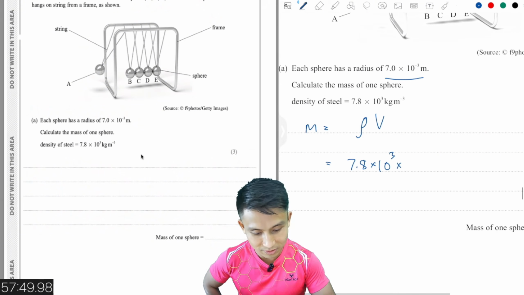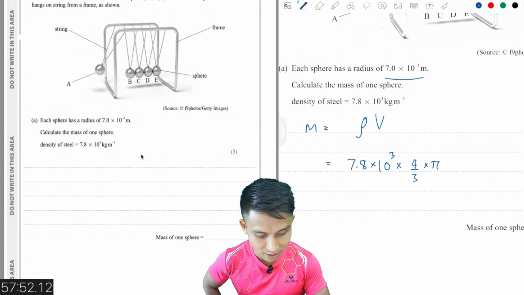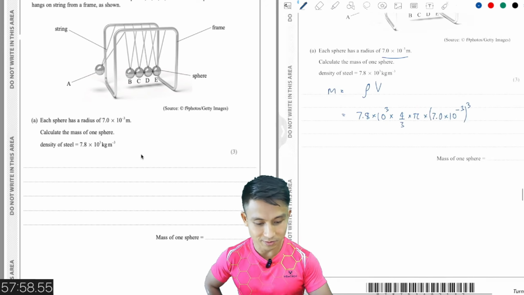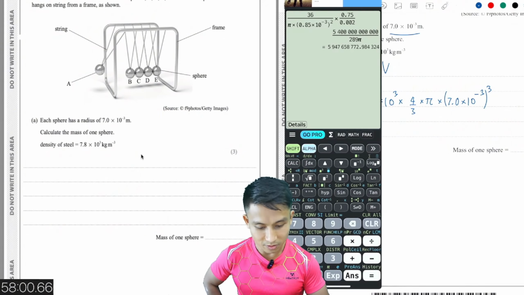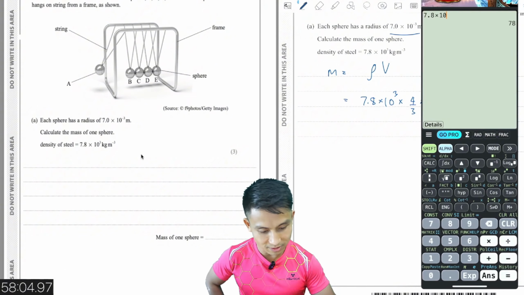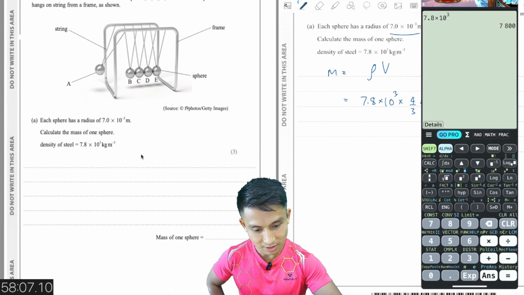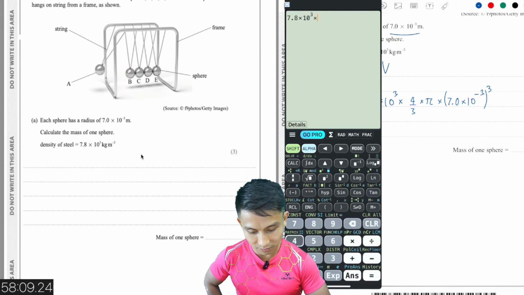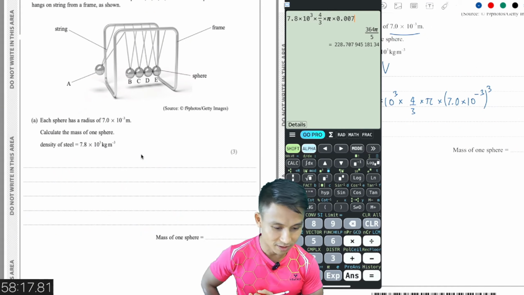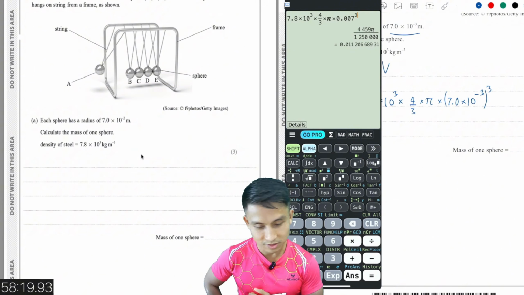Well, we have it in meters already. So 4/3 times pi times radius cubed. Yeah, so that would be the volume. Okay, so 7.8 times 10 to the 3, times 4/3 times pi times, I'm just going to do 0.007 here, cubed, all right?